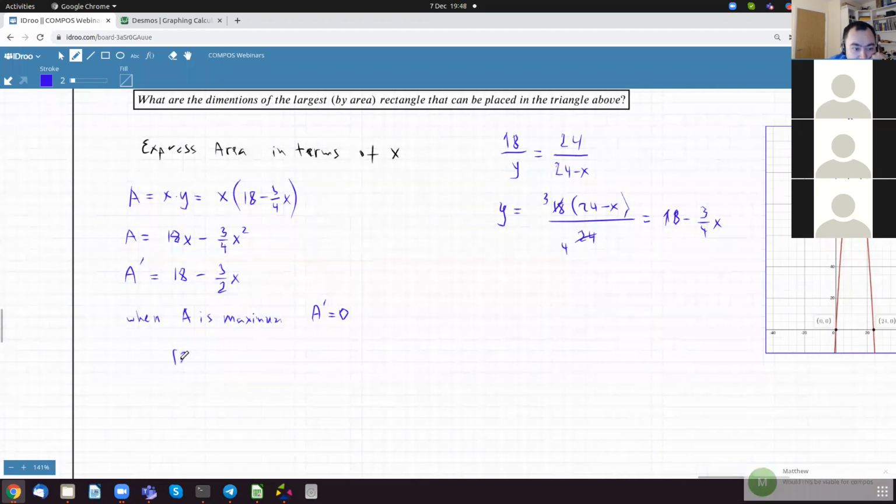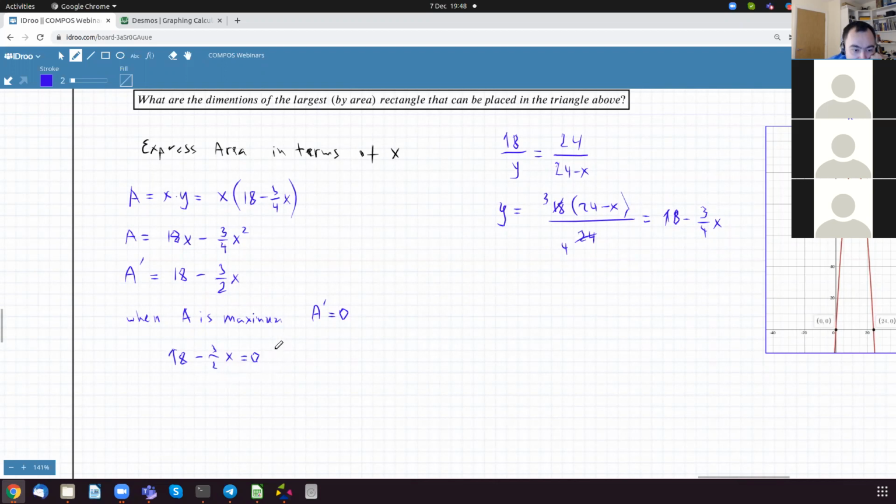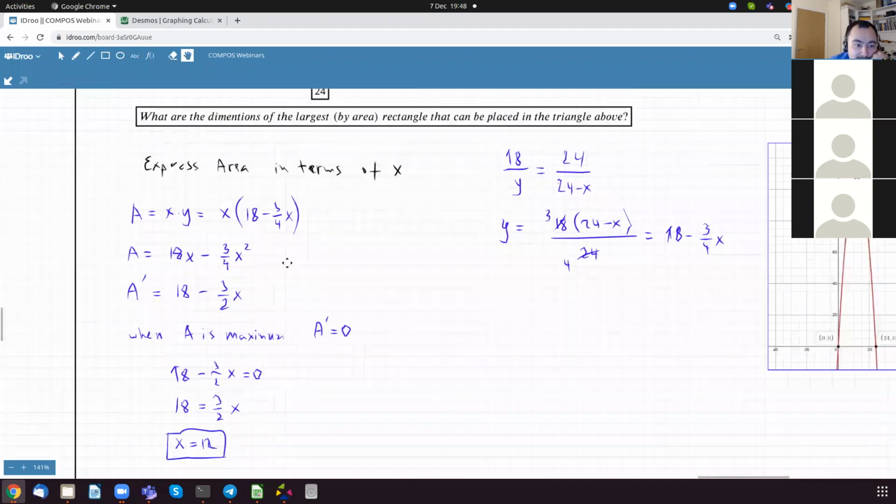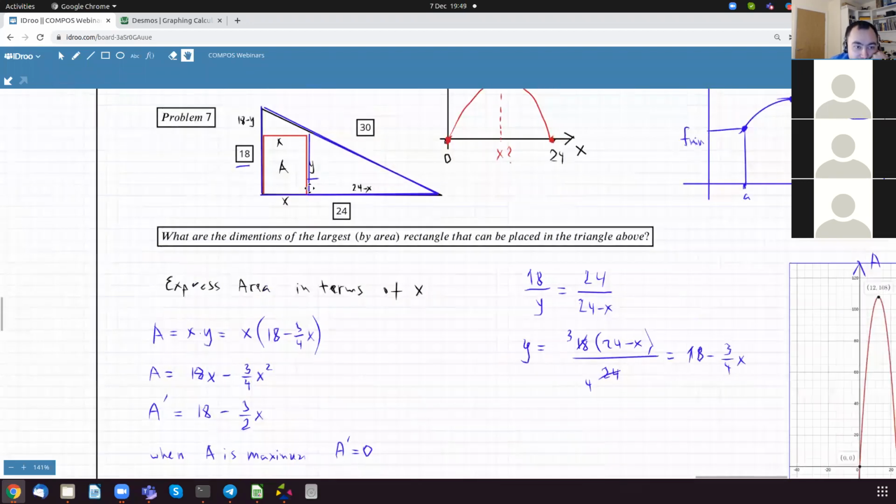So 18 minus 3/2 x is equal to 0. So 18 equals 3/2 x, so x is equal to 12. So area is maximum when x is 12.